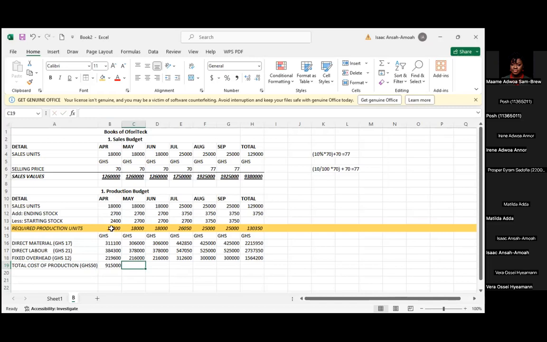And then I'll get the same thing. Can someone try that for April? 50 cedis by 18,300. It's 915,000.